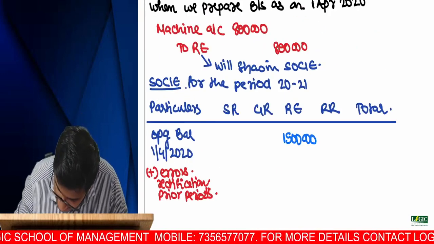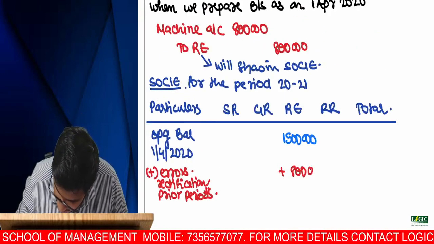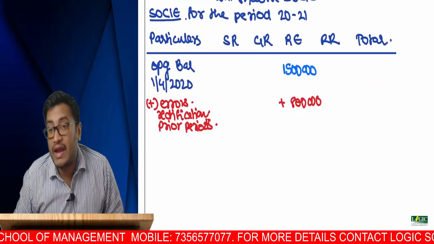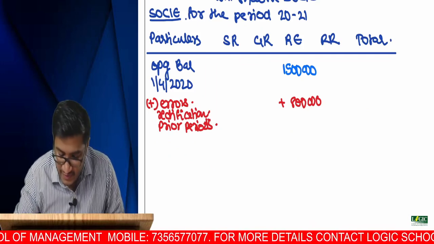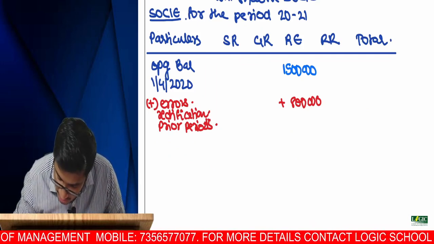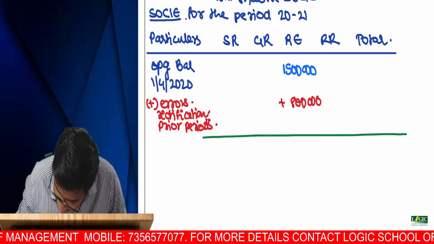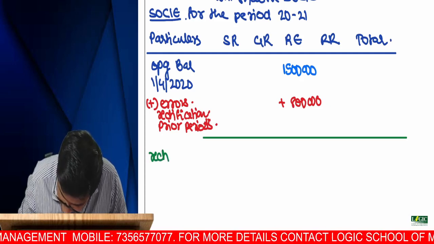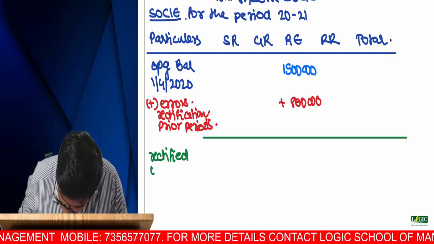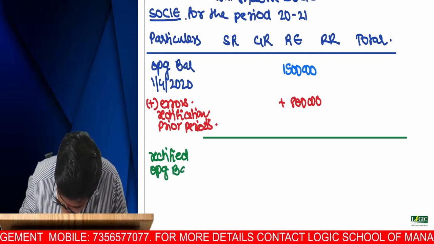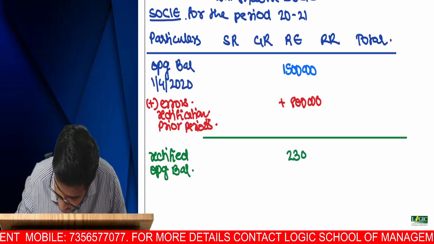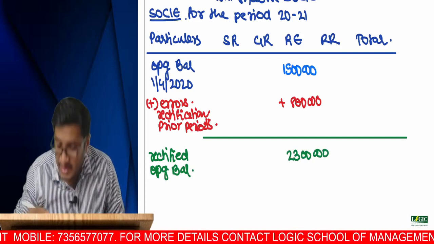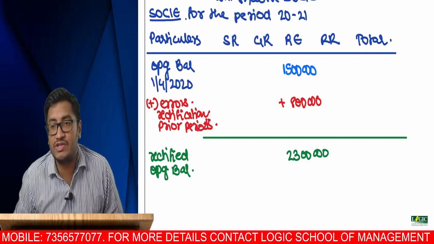It is increasing by 8 lakh rupees, isn't it? This is even before you start the previous year. Now, this is your rectified opening balance. How much? 23 lakh. This is your rectified opening balance, 23 lakh.